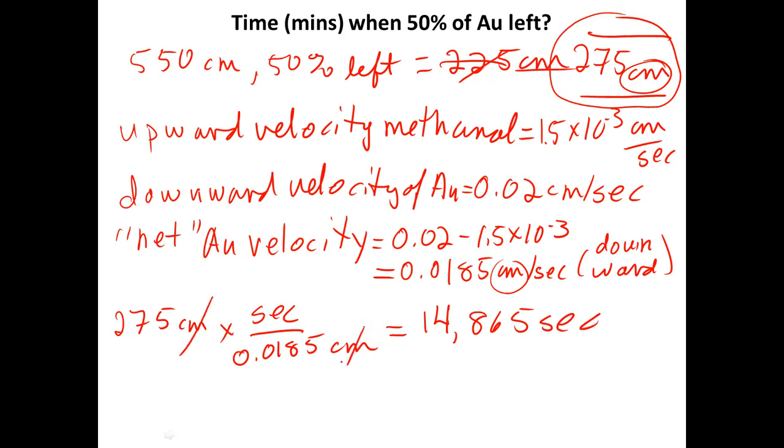Of course, the centimeters term cancel, and it leaves me with 14,865 seconds for 50% of the gold to leave the system.